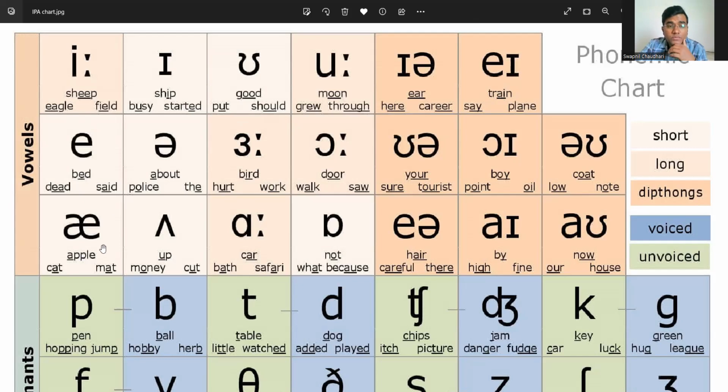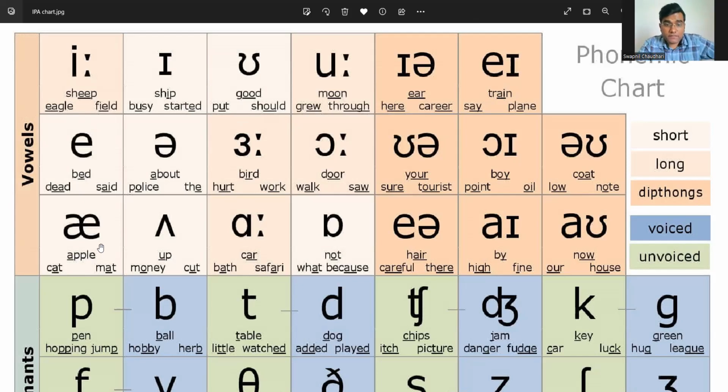So now you might be able to understand better why we have these phonemic symbols. As discussed earlier, in English, we have the letter A, which represents four, or maybe we can say five sounds.